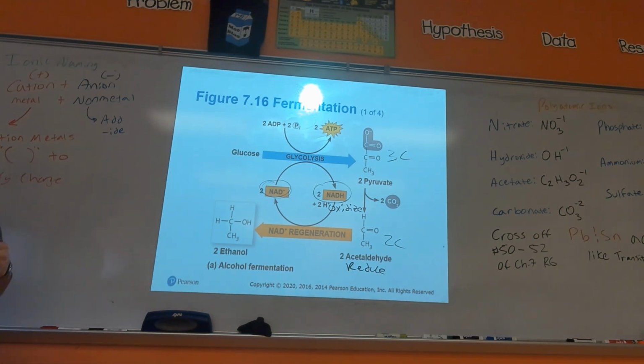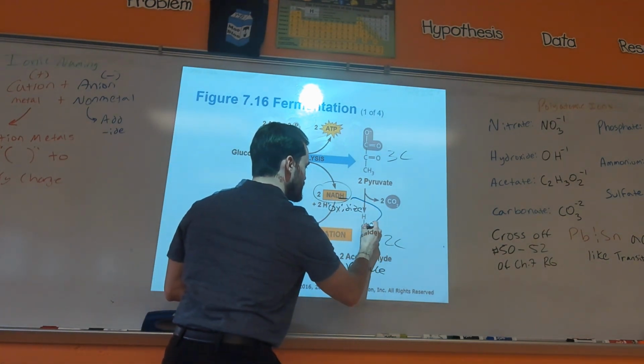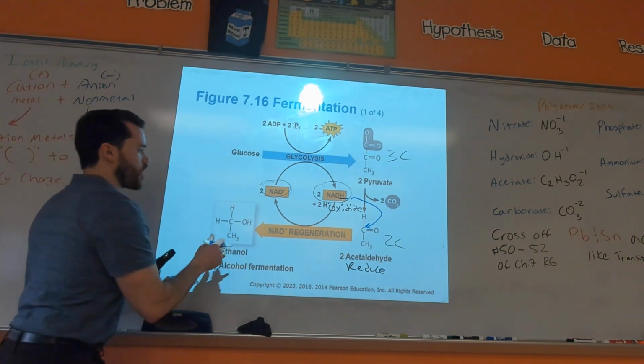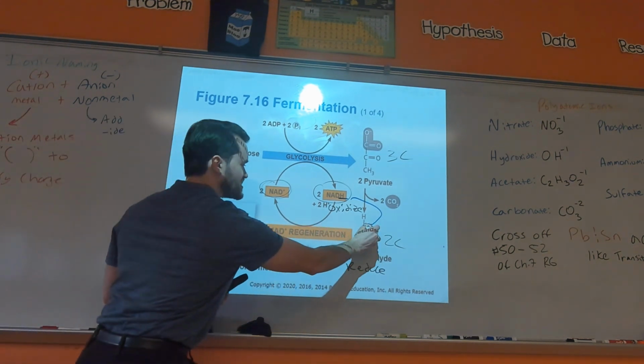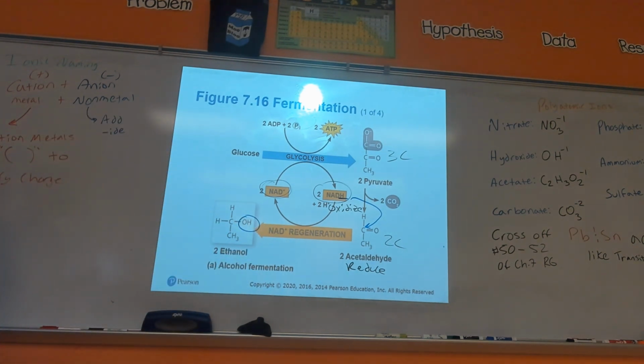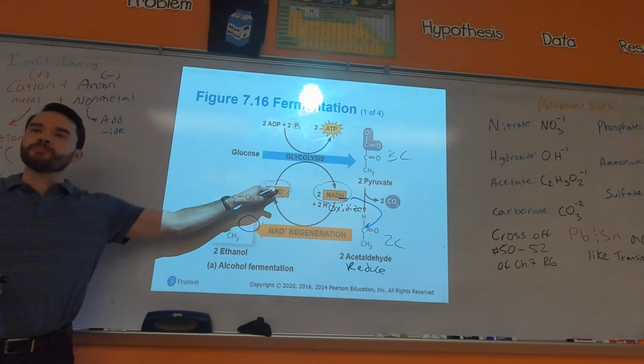Another way of saying that is we take the hydrogen on NADH and attach it to this oxygen, creating OH, an alcohol group. That's why they call it ethanol, which is an alcohol. And when NADH loses that H, it becomes NAD+.